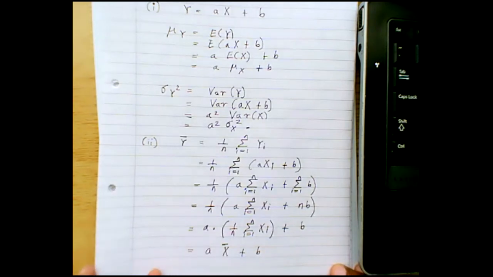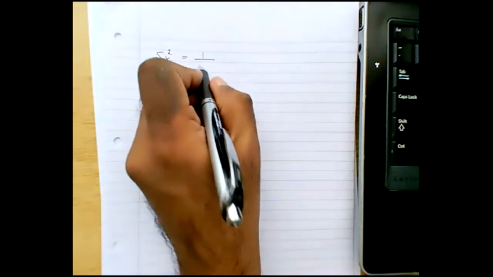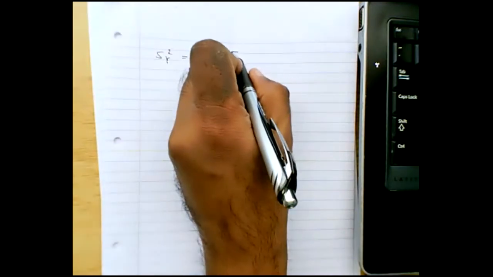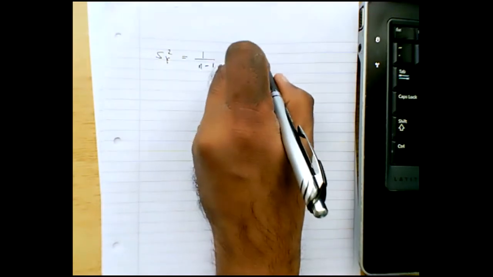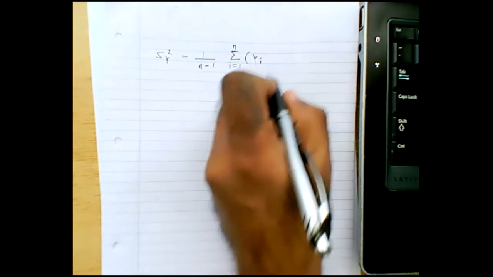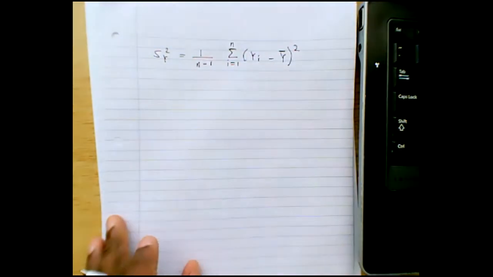Now the next thing I'm going to do is the same for sample variance. Now remember the sample variance is defined as follows. You may recall this from much earlier on in the course. This is the definition of sample variance, the unbiased version, right?